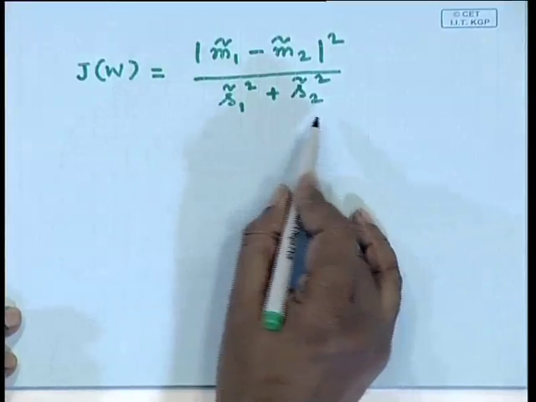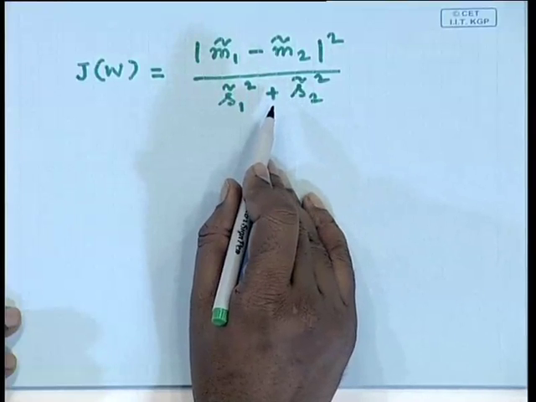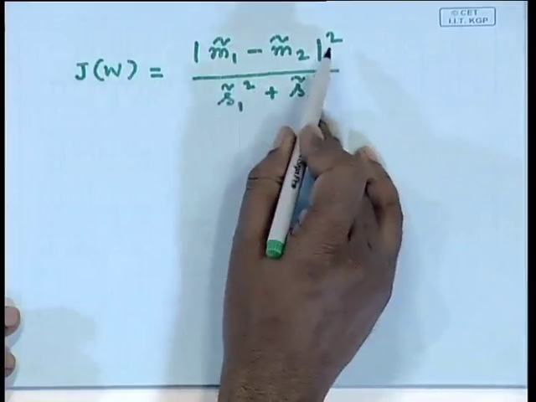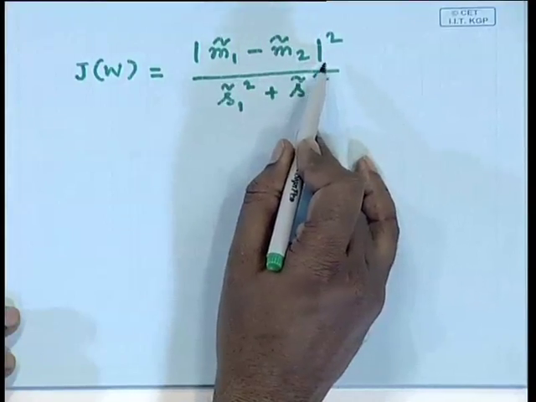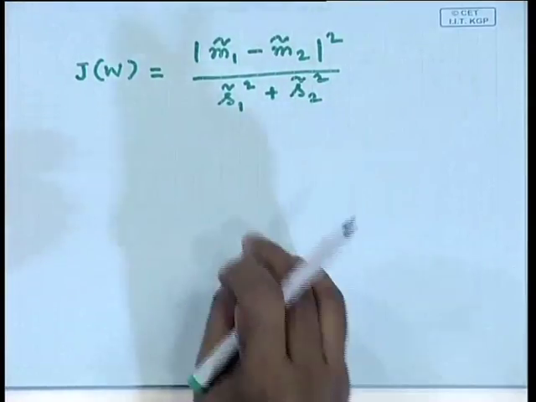So, this S 1 tilde square plus S 2 tilde square, it is the total within class scatter which takes into consideration the scatter of the samples taken from set R 1 plus the scatter of samples taken from set R 2. Okay. And what I have at the numerator is m 1 tilde minus m 2 tilde square, which is nothing but the square of the distance between the projected means m 1 and m 2.